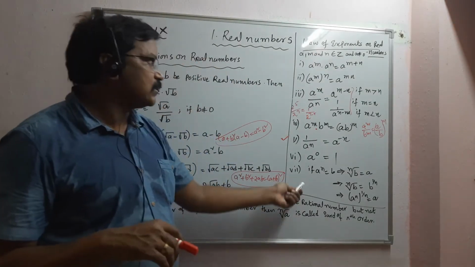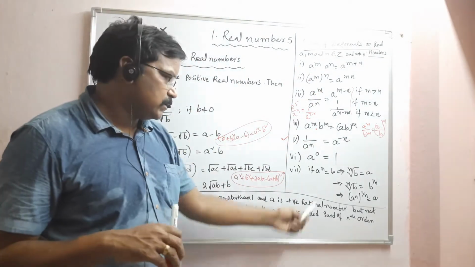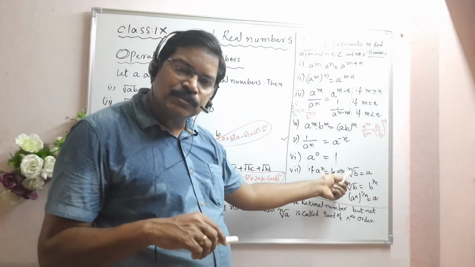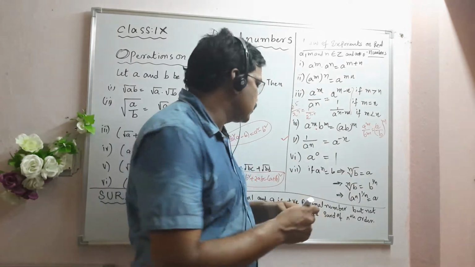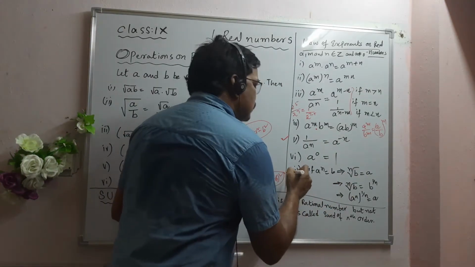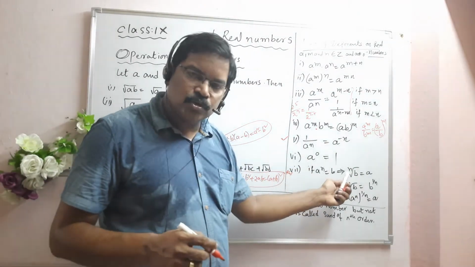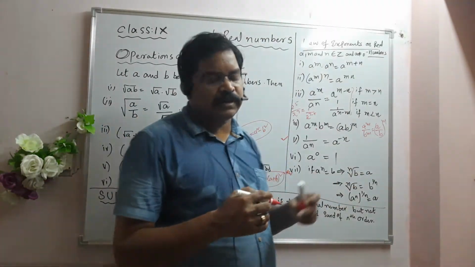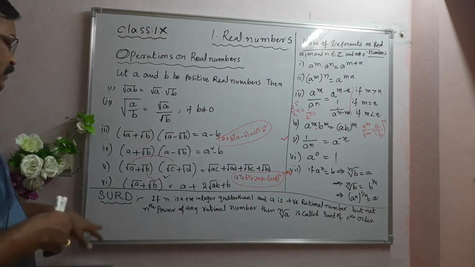Seventh question, seventh laws of exponent. See, if a power n is equal to b, this can be written as nth root b is equal to a. This is also important. Revised one, right?